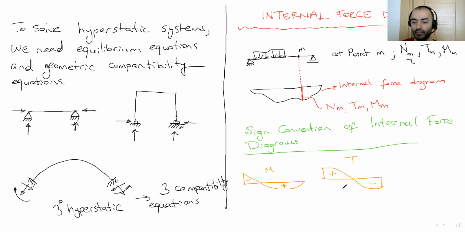Why? These are a common language between the engineers and architects in the global world. If you change the signs, we can mix everything up. That's why to speak in the same language, we have to use these sign conventions.